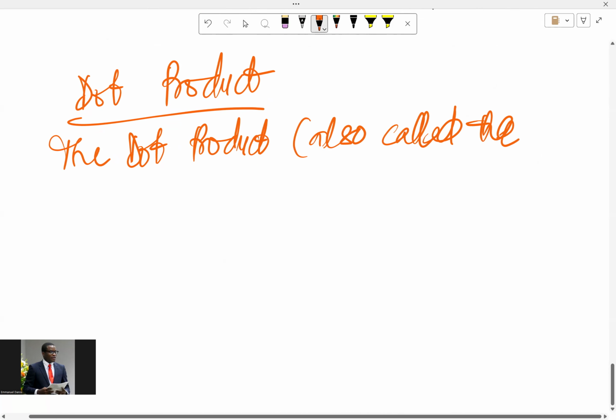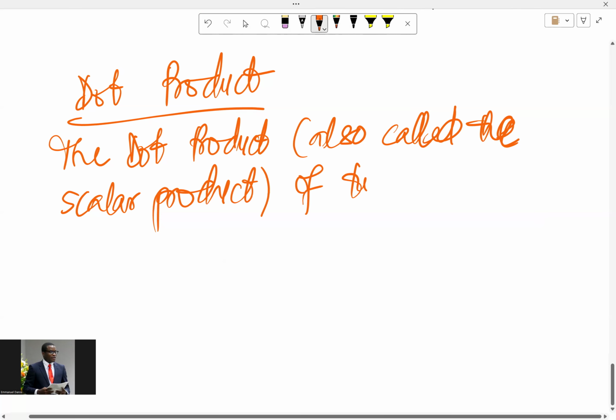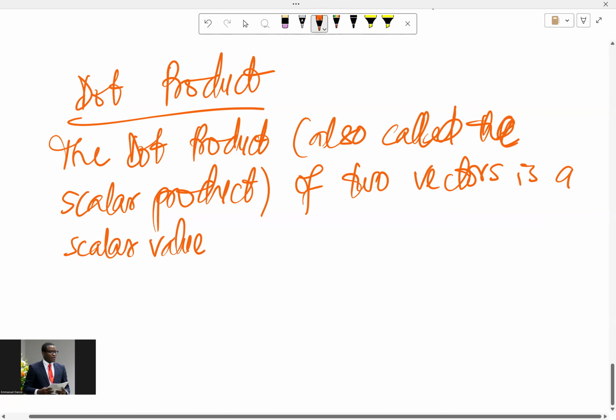You know, scalar multiplication is different from scalar product. The dot product of two vectors is a scalar value. So if you need to multiply two vectors to get a scalar value, you have to do the dot product.